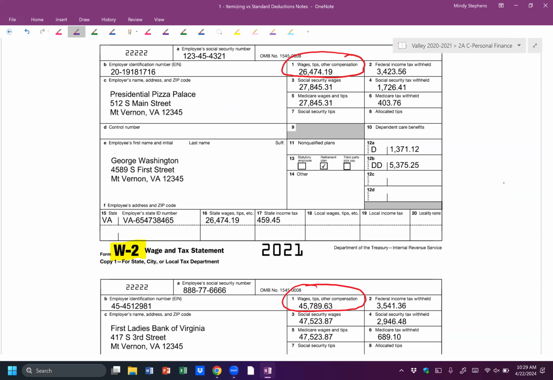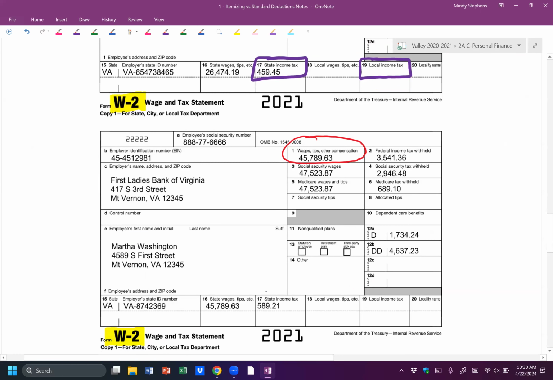It says state. So down here, we see state income tax. You also see local income tax right here, but there's nothing in that box. I want you to circle these boxes down below so they stand out. So state income tax on both forms, I want you to circle them.